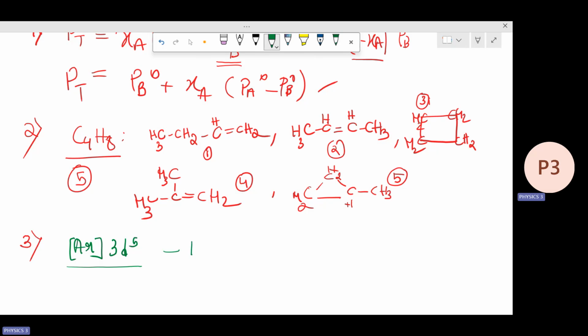The one that easily comes to our mind is Fe, because the electronic configuration of Fe is argon 4s2 3d6. As soon as you make it Fe3+, you will be getting argon 3d5.